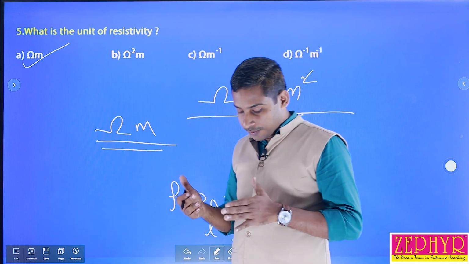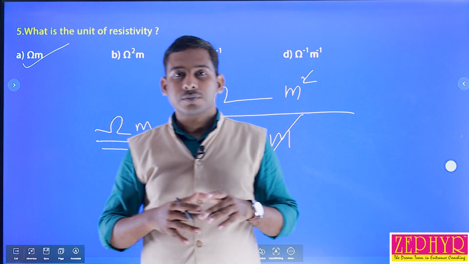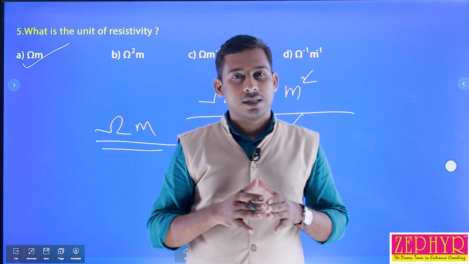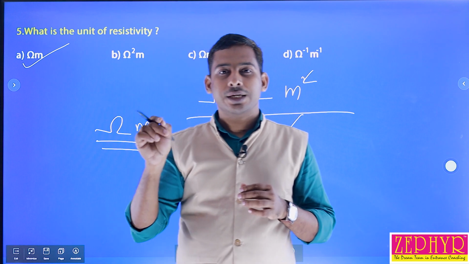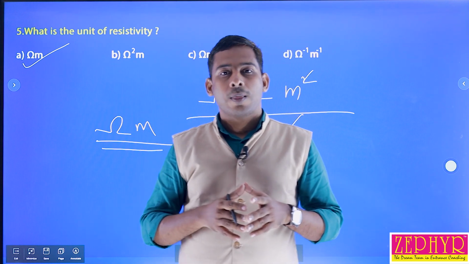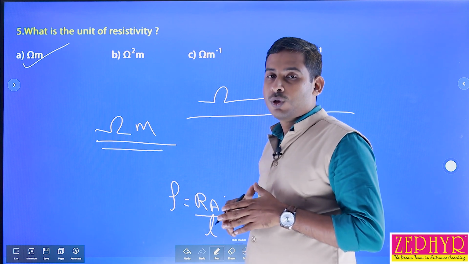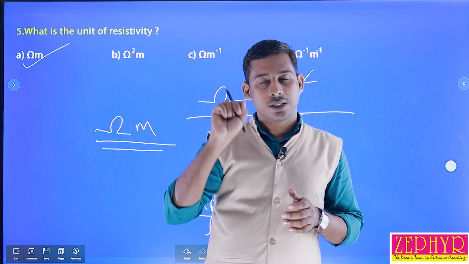So from this question, the concept you are learning is the term resistivity. That is the Greek letter rho. The equation we have is rho equal to RA by L. The unit is ohm meter.